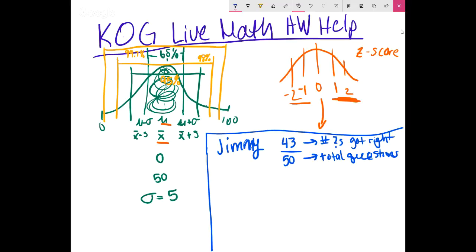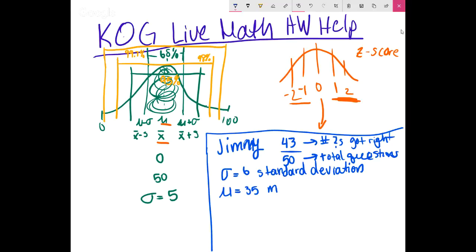The standard deviation is 6. So sigma is 6, standard deviation. And the mu, or the mean, is 35. The mean is the average number of questions that were correct on the average student's test.